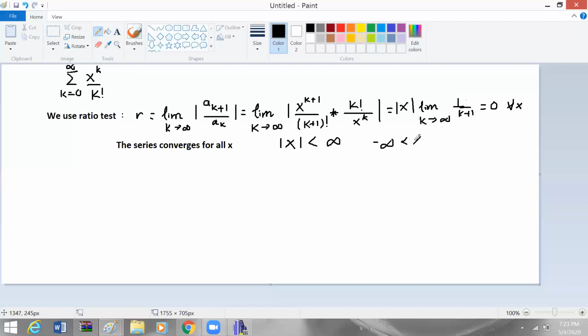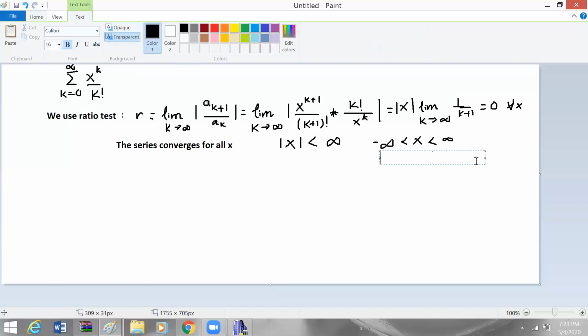So this is the radius and this is the interval. So we rewrite the series in terms of x between negative infinity and positive infinity. So this is all we can do.